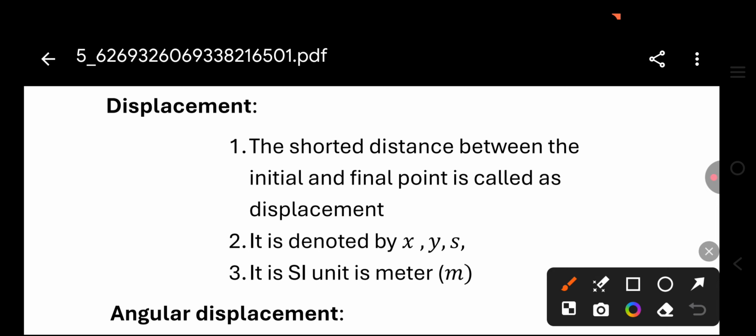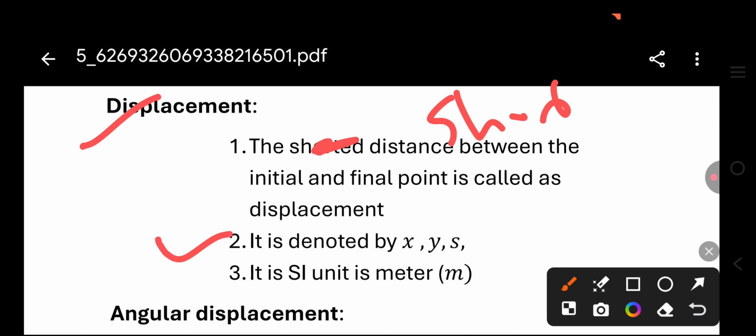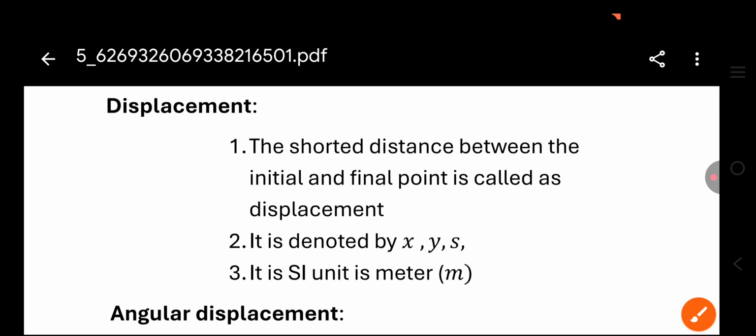This is the shortest distance between the initial and final point, which is called displacement. Point number 2, it is denoted by x, y and s. Its SI unit is meter.